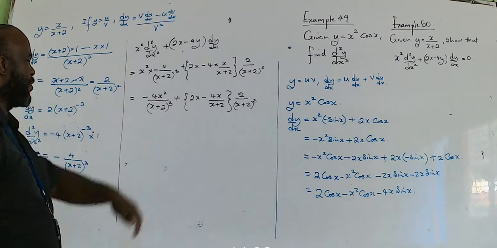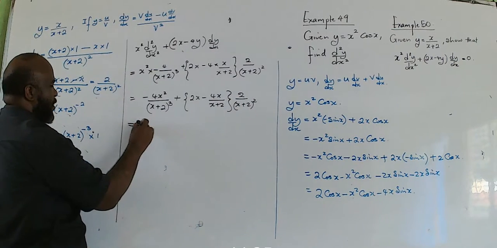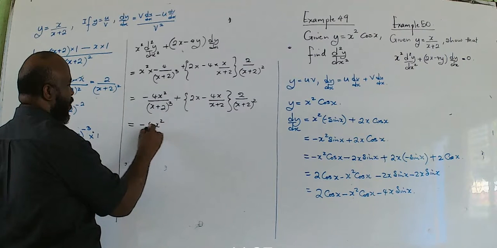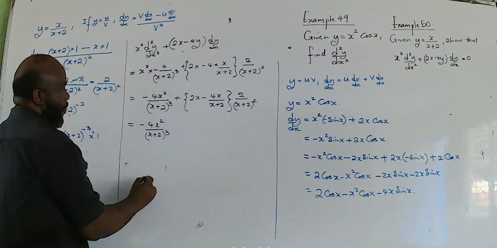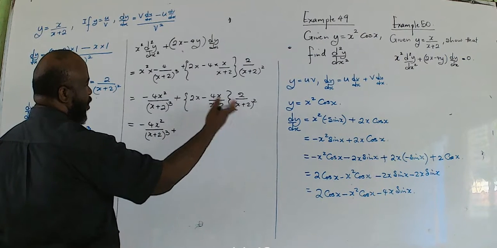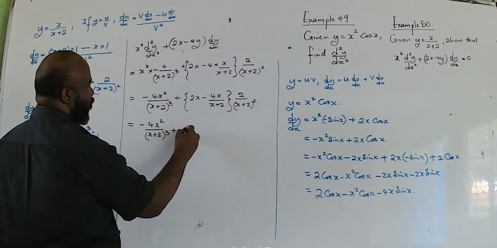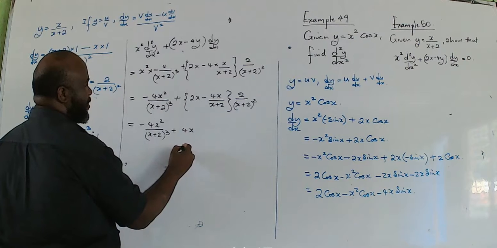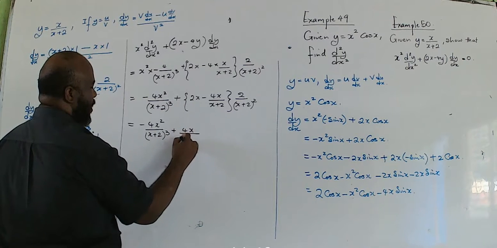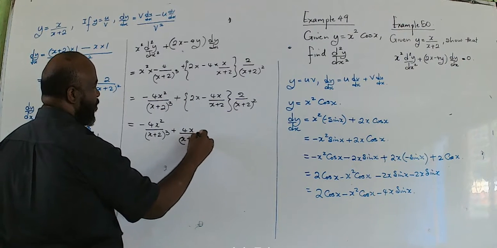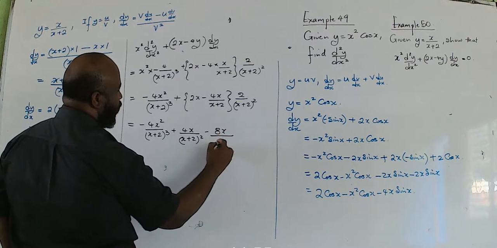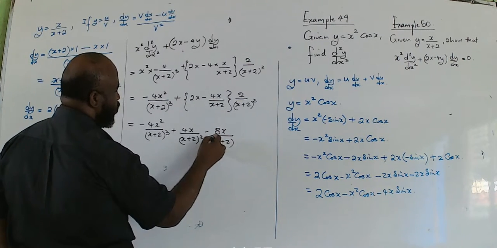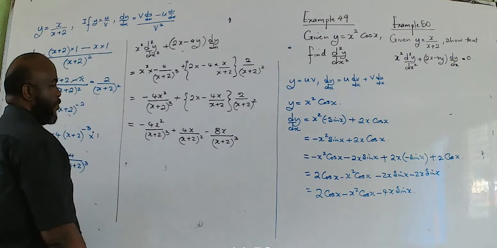So to the right, I'm going to apply distributive law. This is minus 4x squared over x plus 2 cube. Distributive law, this becomes 4x over x plus 2 squared minus 8x over x plus 2 cube.